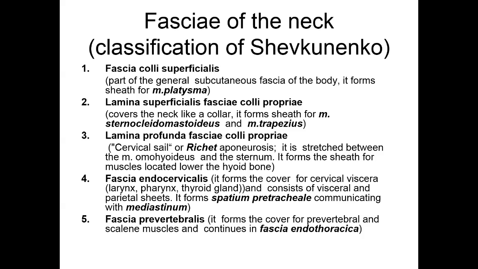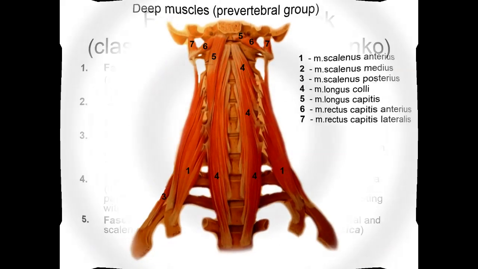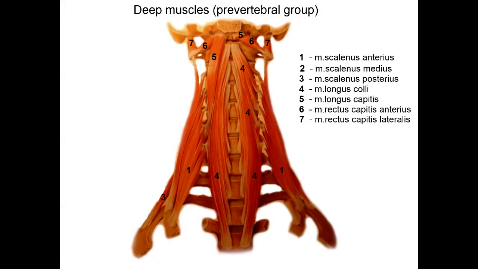So 5 fascias according to the classification of Shevkunenko. When we speak of fascia prevertebralis, we can use this picture as a demonstration.